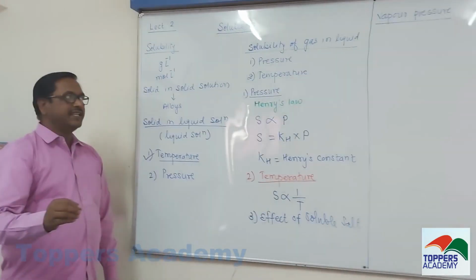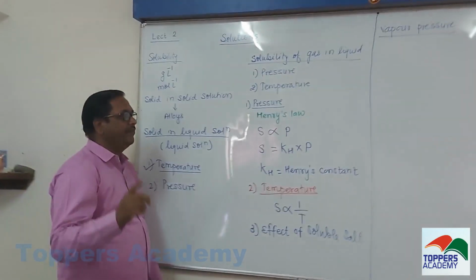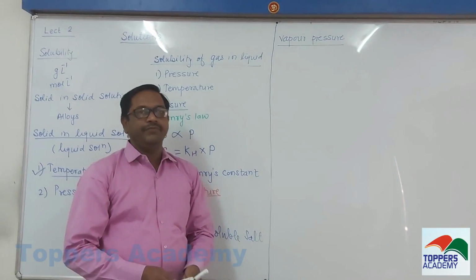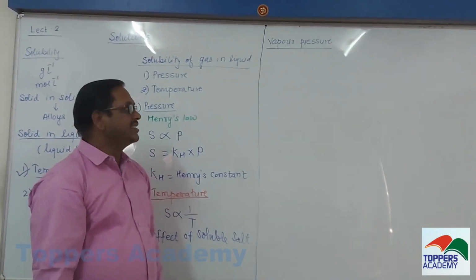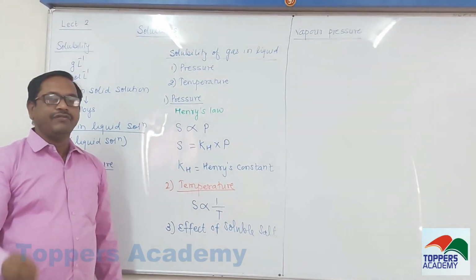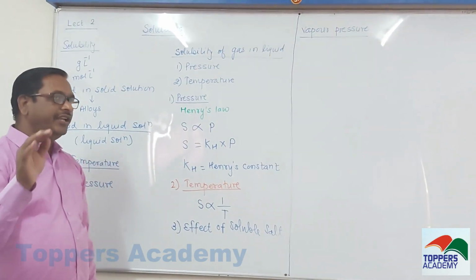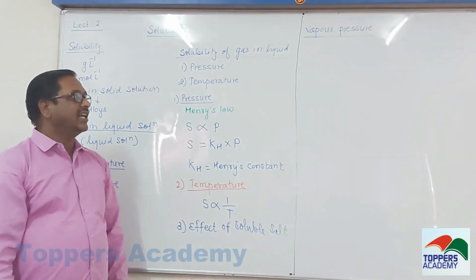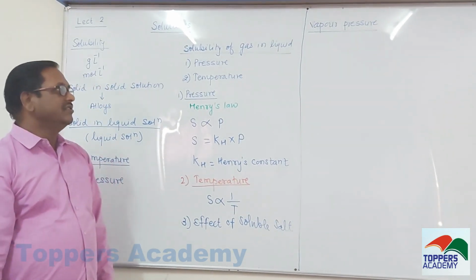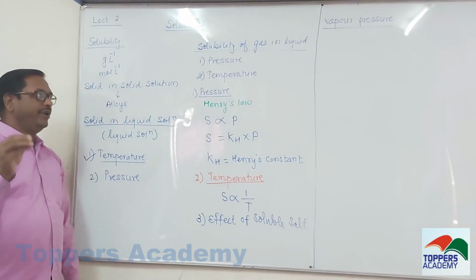In 11th standard we already defined the vapor pressure. The pressure exerted by the vapors of a liquid on its surface which are in equilibrium with the liquid state is known as the vapor pressure.